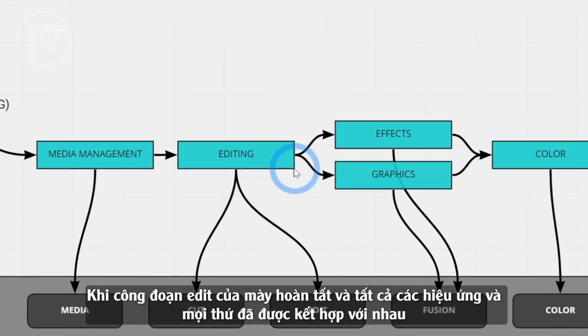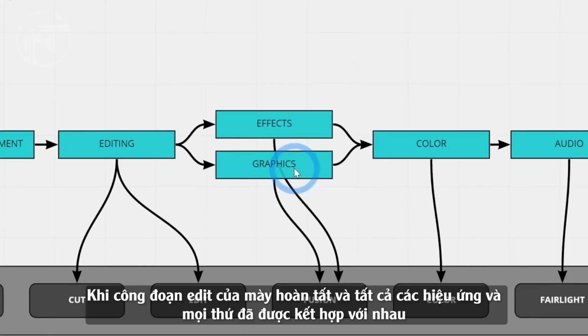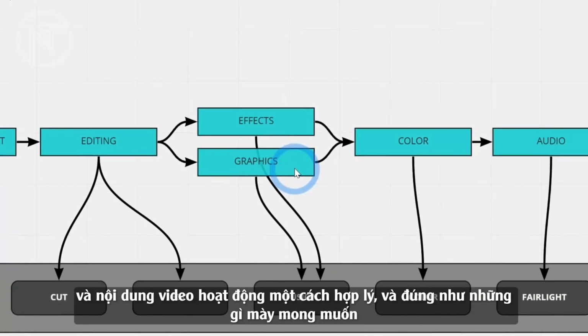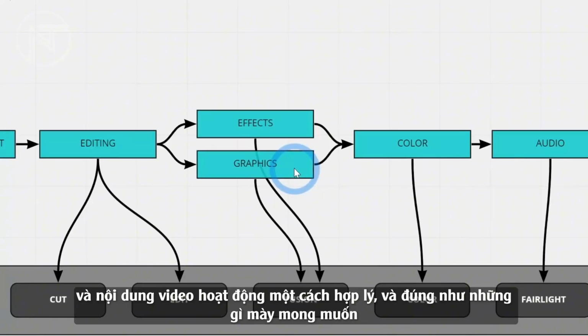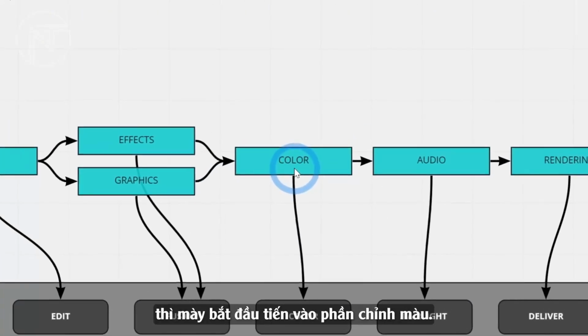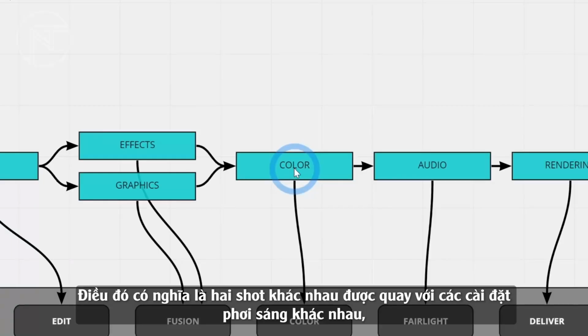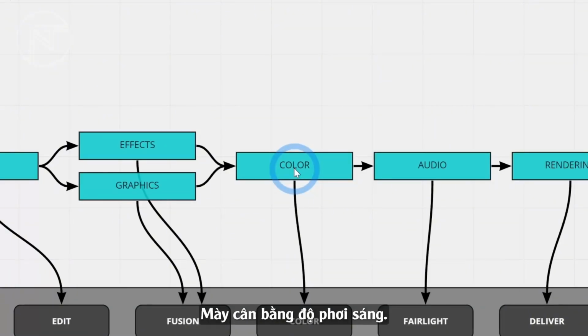Once your editing is done and all of your effects and everything are together and your story pretty much works and looks mostly the way it should, then you go into color. Color is all about kind of the final tweaks, making sure everything looks visually how it's supposed to. That means 2 different shots that were shot with different exposures, you balance out the exposure.